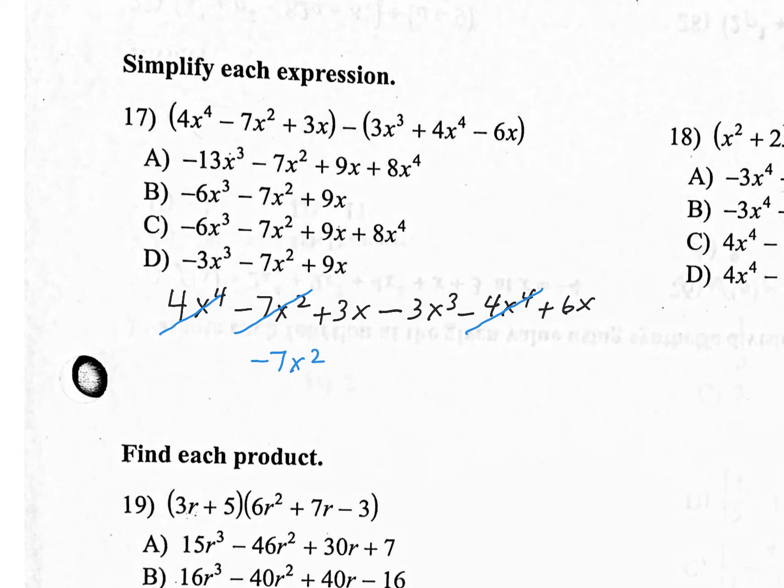I do. 3x and 6x is 9x. So I'm going to go ahead and mark those out. And of course, our highest exponent is 3, so it's going to be our leading term. So we have negative 3x cubed, right? So which one has negative 3x cubed minus 7x squared plus 9x? So the answer is D.